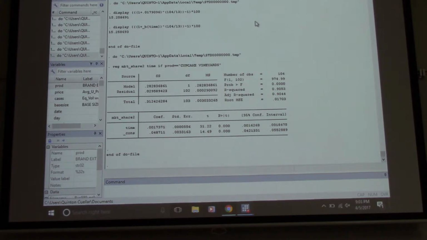So we would say here that market share is growing by about 0.1%, almost 0.2%, 1.7%, I'm sorry, 0.17% per period.